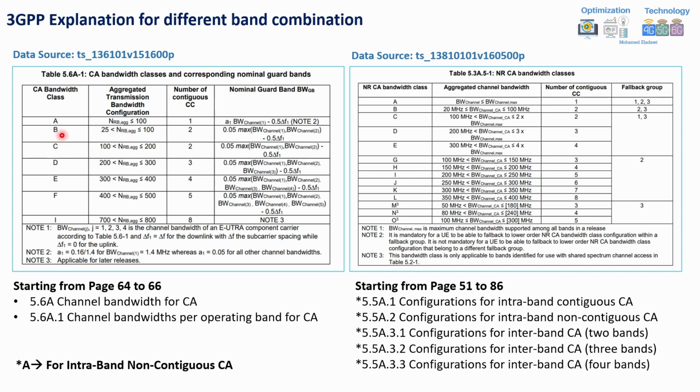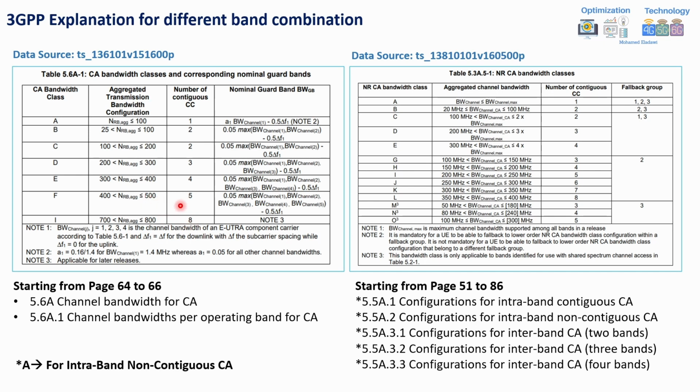Then C is the same as the previous one, however it increases the bandwidth up to 200 RB, and so on. For example, D supports up to three contiguous carriers up to 300 RB, E supports up to 4 carriers with a maximum bandwidth of 400 RBs, which is 80 megahertz. F supports 5 component carriers, which is up to 100 megahertz, and so on.